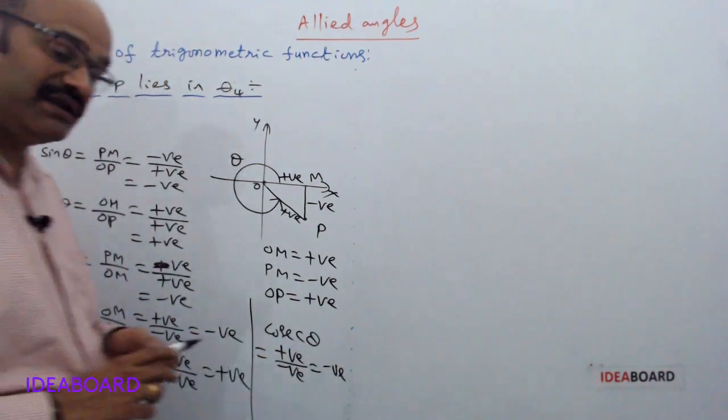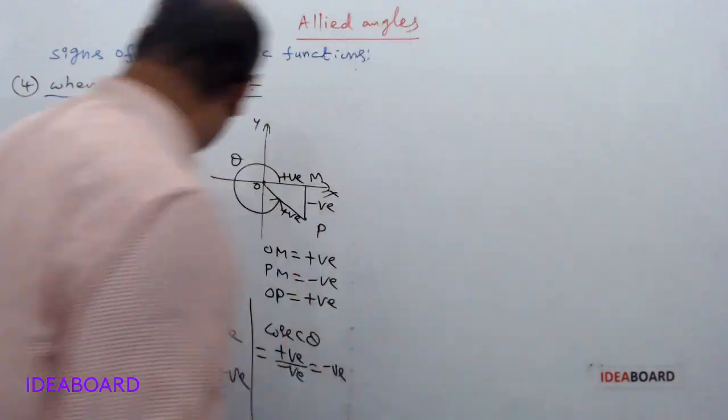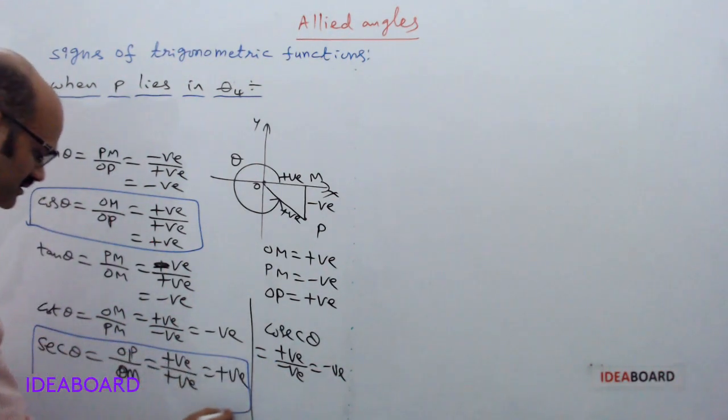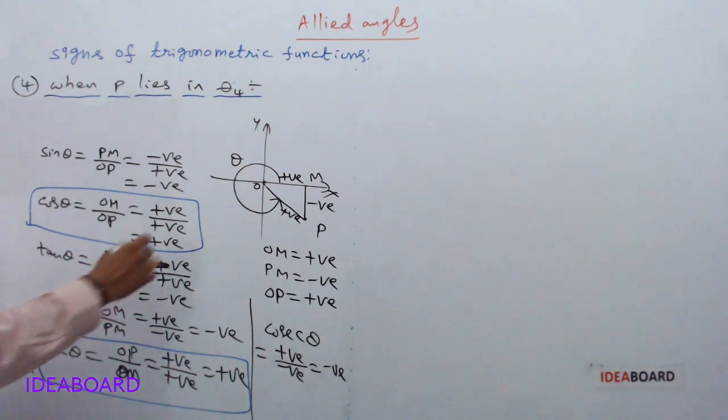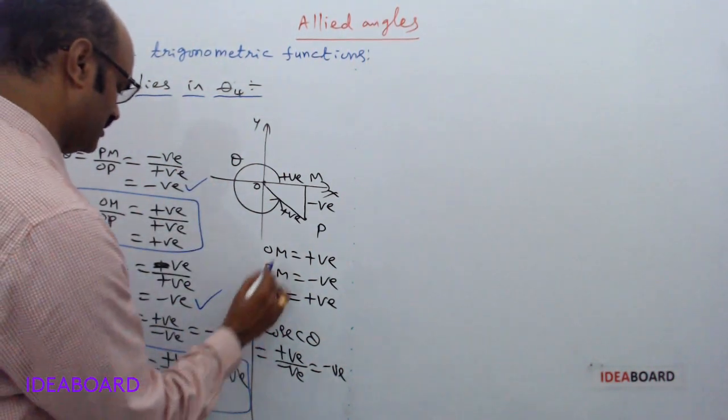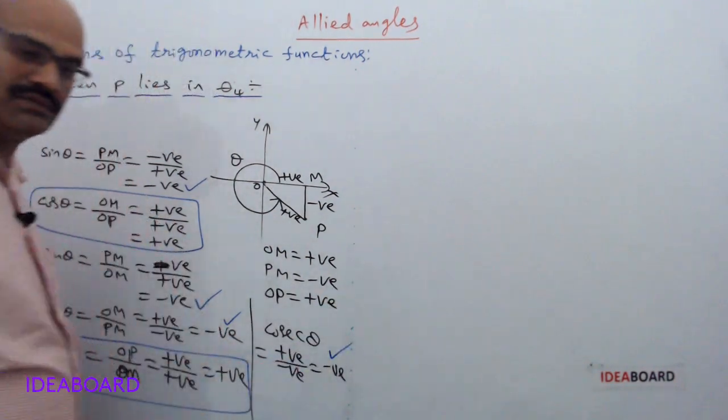So finally we conclude that in this case cos theta is positive, and the reciprocal of cos, secant theta, is positive. The remaining trigonometric ratios are negative.